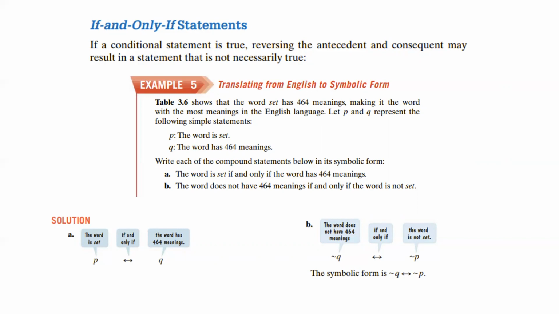The only exception to that rule is if then statements, where the order is very important. That's why we have a forward arrow there, whereas here we have arrows going both ways, so we could write it either way. For B, you could write tilde P, double arrow, tilde Q. Both ways are perfectly fine ways to represent the logical statement in B.